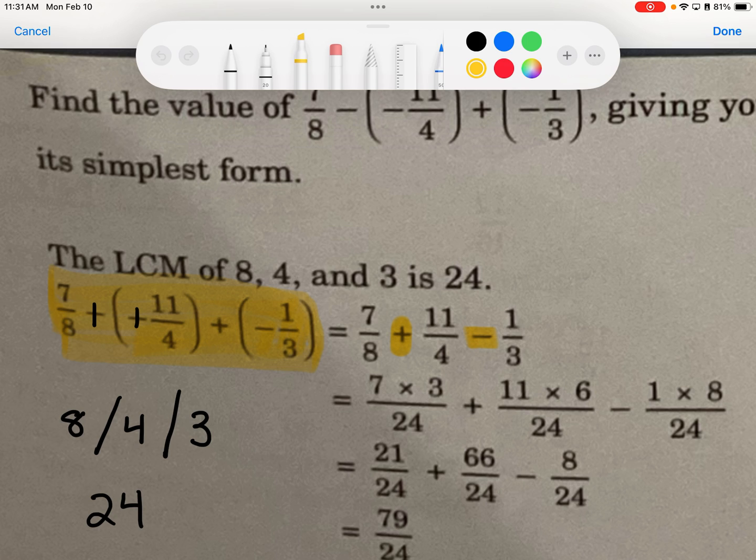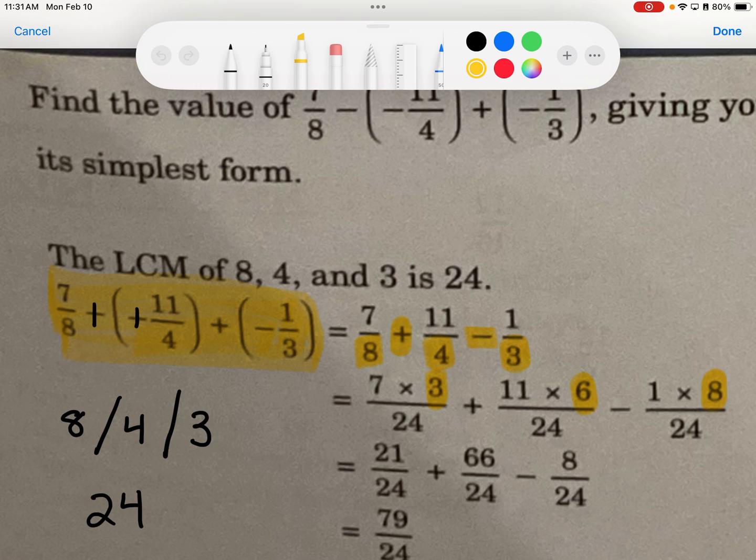So how did we get 8 to 24? We multiplied it by 3. How did we get 4 to 24? We multiplied it by 6. How did we get 3 to 24? We multiplied by 8. So that's where those numbers come from.